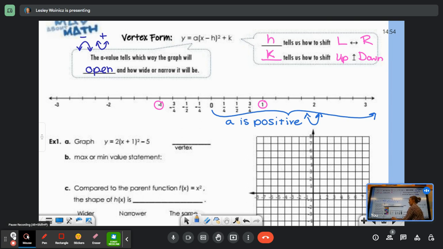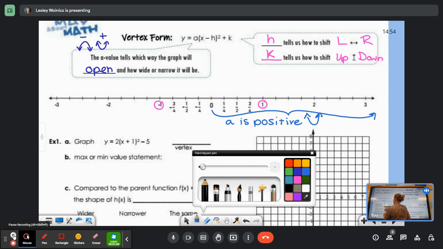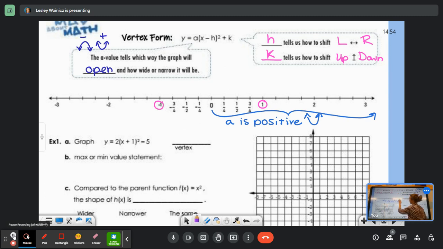Okay, what about when our A value is less than 0? When A is negative, we open down.